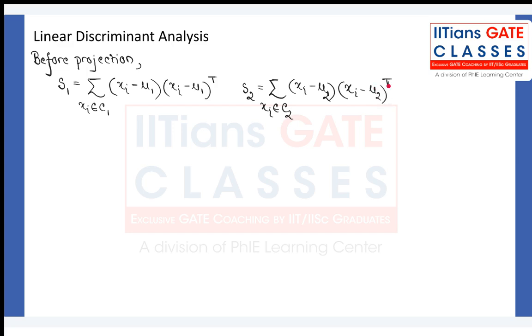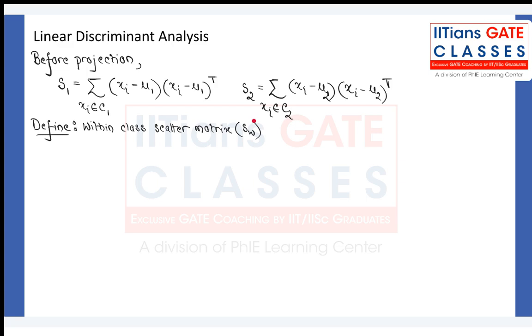Now we define something called the within class scatter matrix given by SW. Let me just define this.